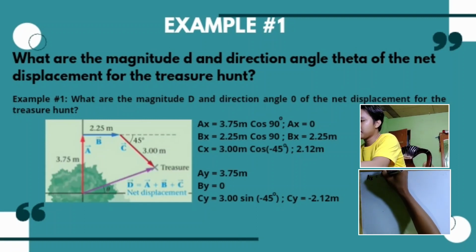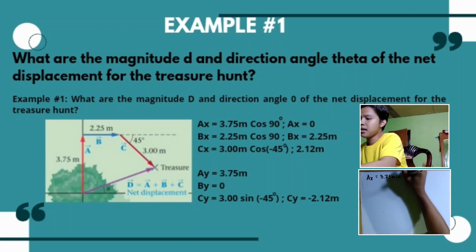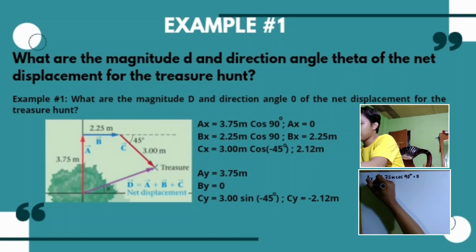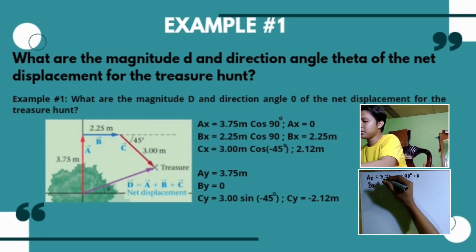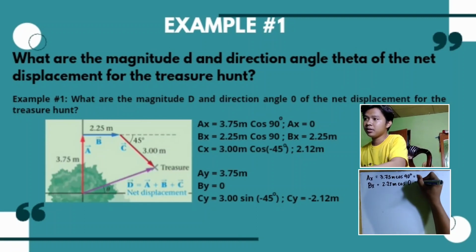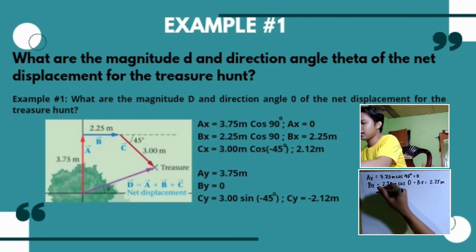a sub x equals 3.75 meters cosine of 90 degrees, which is equal to 0. The b sub x is equal to 2.25 meters cosine of the angle 0, so the b sub x is equal to 2.25 meters.